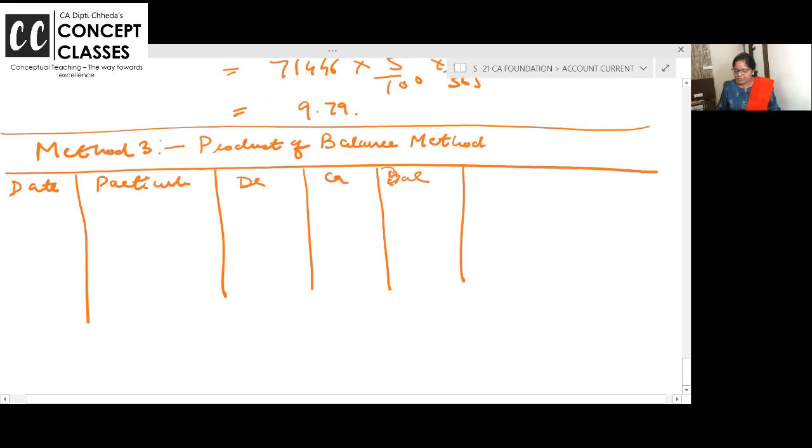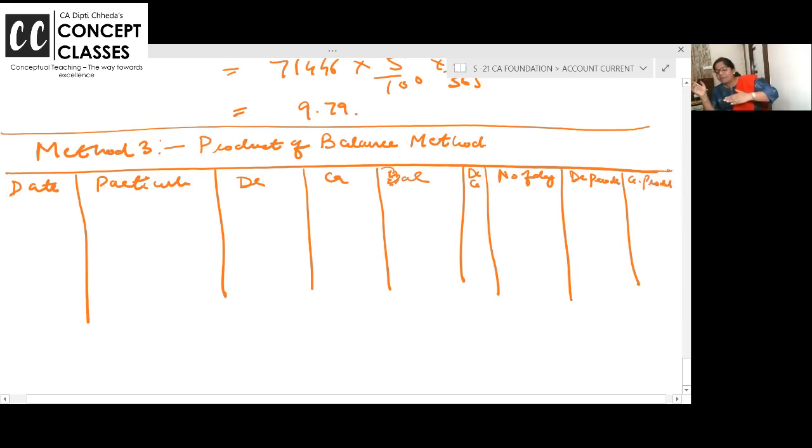Is the balance debit or credit? Number of days, and debit product and credit product. I know you all may be feeling, ma'am, what are we doing, how many columns are we making. Do one problem, then this will also be clear. And with this, I will correlate the first and second methods also. 1, 2, 3, 4, 5, 6, 7, 8, 9. You have to make 9 columns.